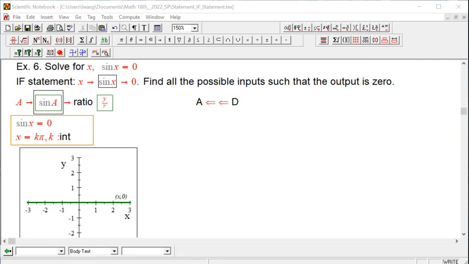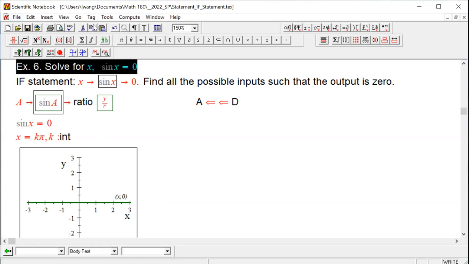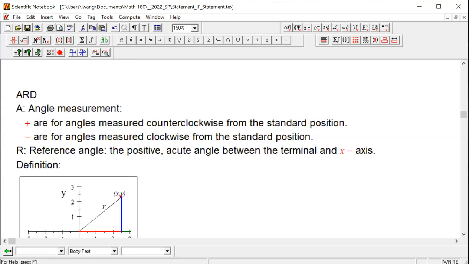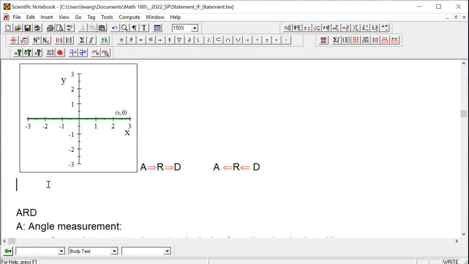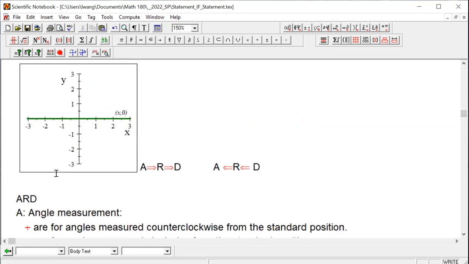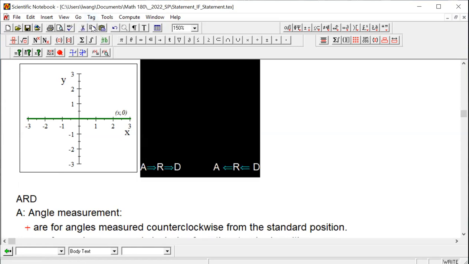All right, wait a second. So this question is solved. Let me give you another example. You can see ARD is golden. It handles all the questions you deal with.